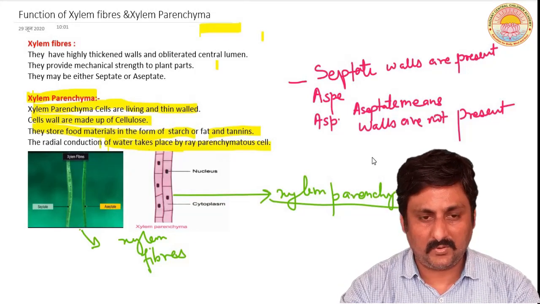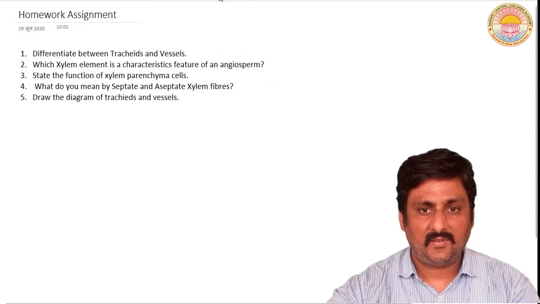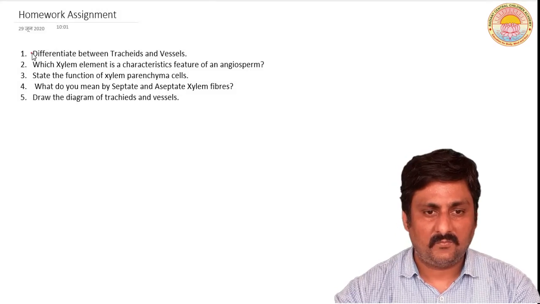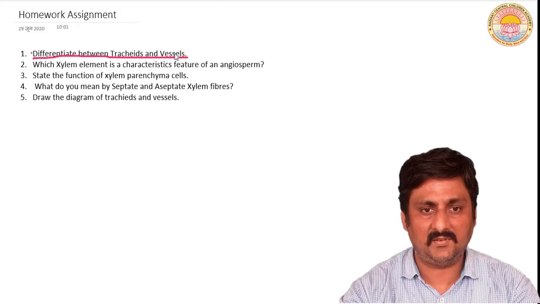Now let us talk about the assignment of this topic. These are the various assignments. Home assignment. You can see the first topic, that is differentiate between tracheids and vessels.